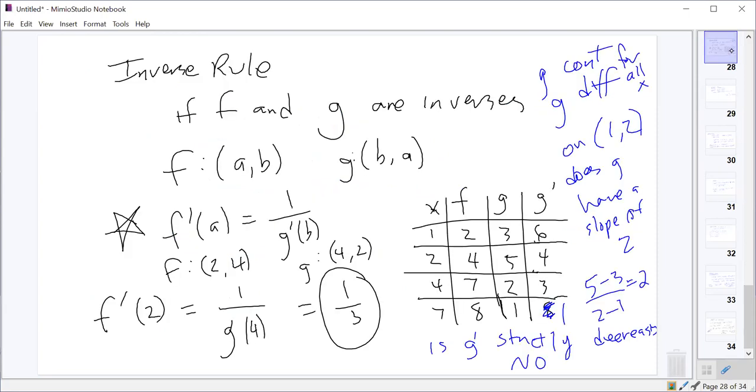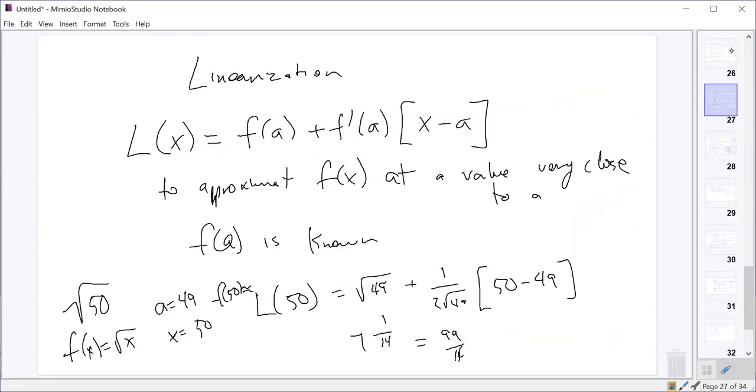Somewhere. Linearization, there it is. Newton's method will not be on the AP test, Kevin, so you don't need to worry about that. It's not technically in the curriculum. It's just something I throw in because I think it's cool to see how it works.